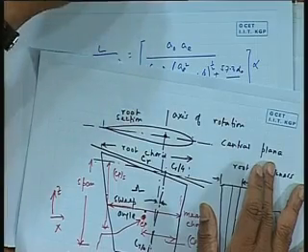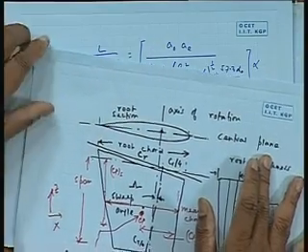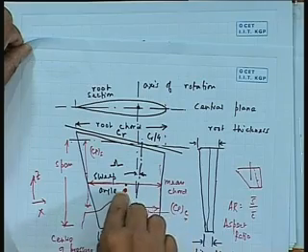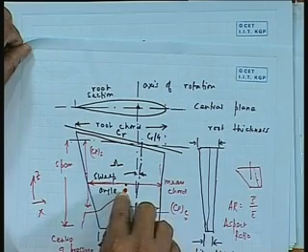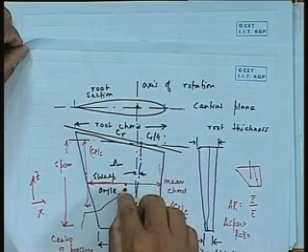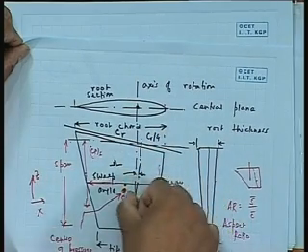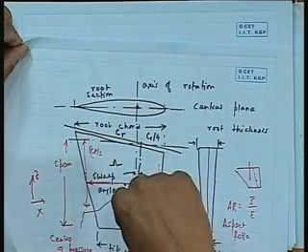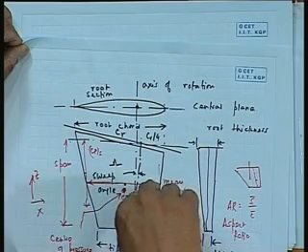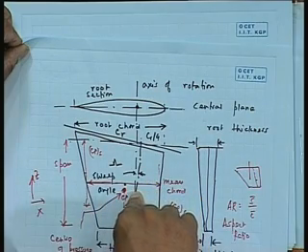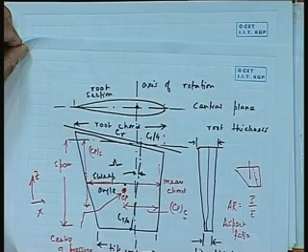Not only can I get the lift force, there are similar empirical formulas by which you can find out where my center of pressure is located. Once I know the location of center of pressure, I can find out the net moment on the rudder stock, which I mentioned is something like N into this distance.